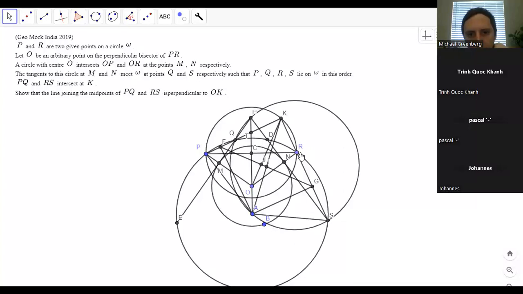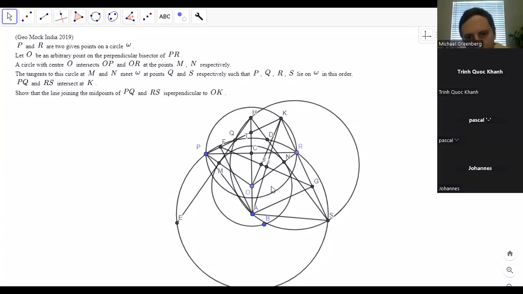Yes. So finally, we need to prove that the angle OMN is equal to the angle ASQ. Wait, so KPR is QSR, because KPR is QPR. That is QSR, not FSR. Okay, QSR. All right.